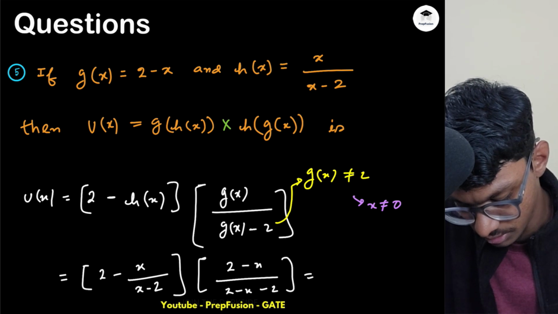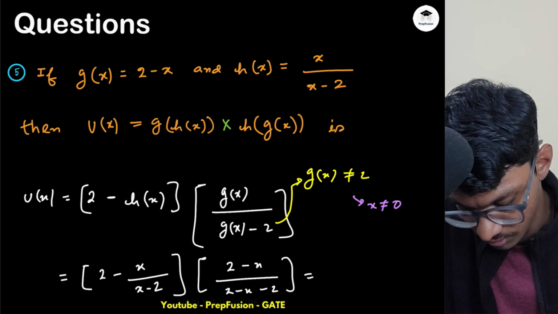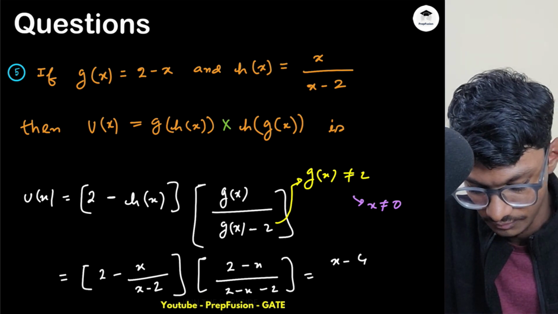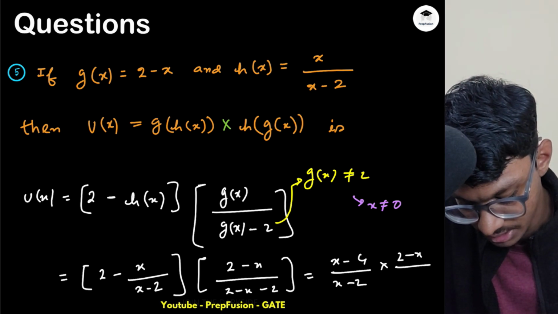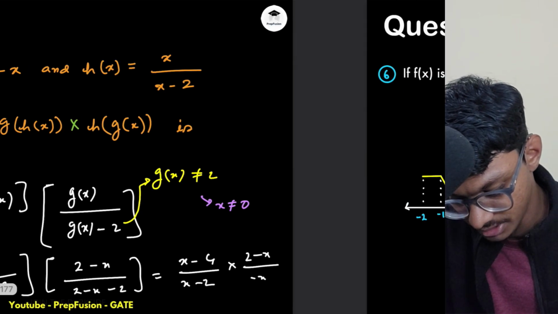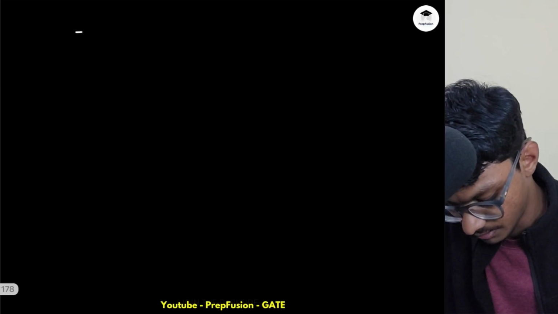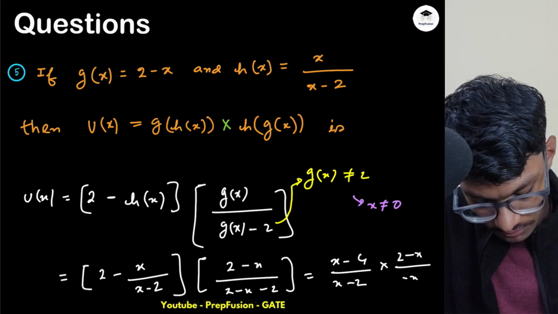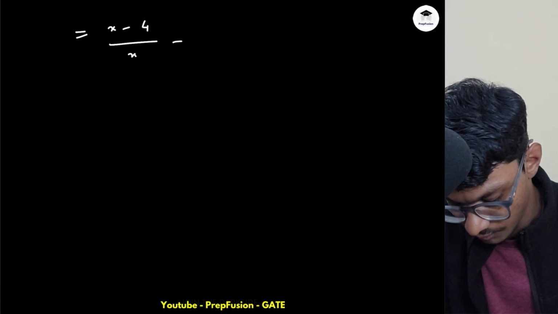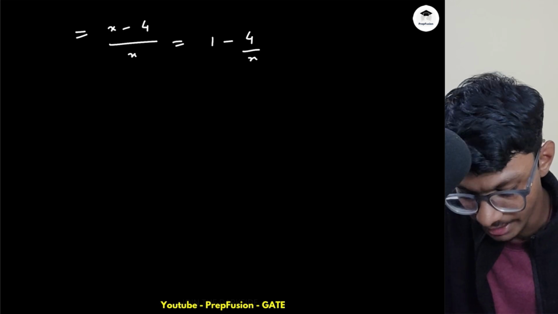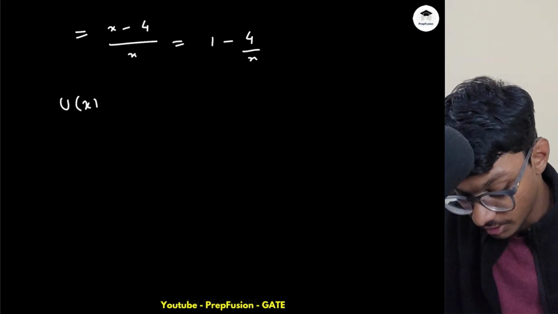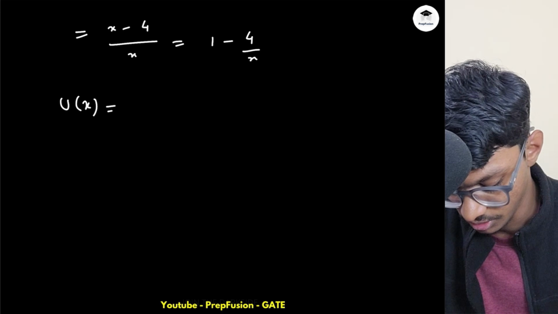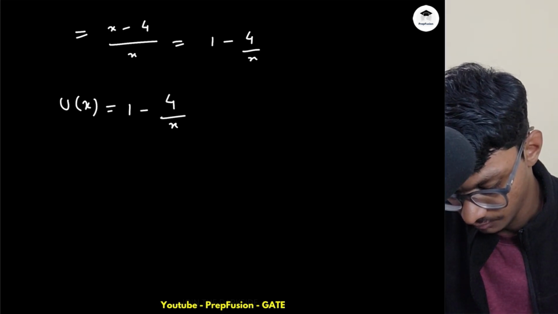If I take this common, this will be 2x minus 4 minus x, which is x minus 4 divided by x minus 2, into 2 minus x divided by minus x. So this becomes x minus 4 divided by x, which equals 1 minus 4 by x, where my x cannot be equal to 0. So u of x I can write as 1 minus 4 by x.